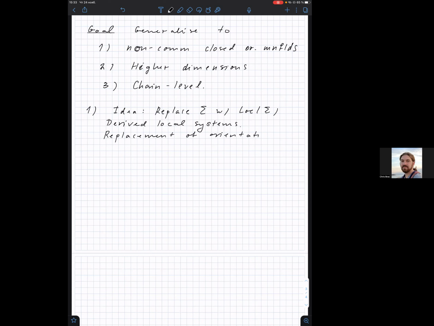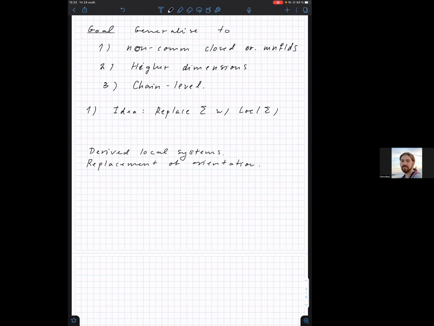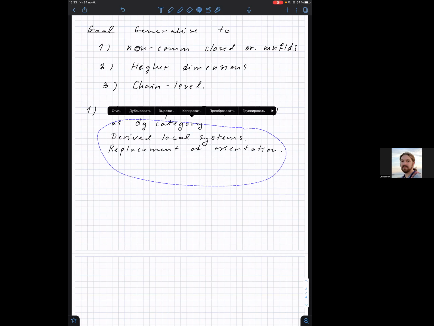I should say I'm going to consider this as a DG category, where the Ext between local systems gives the DG structure. And I need the replacement for the orientation.